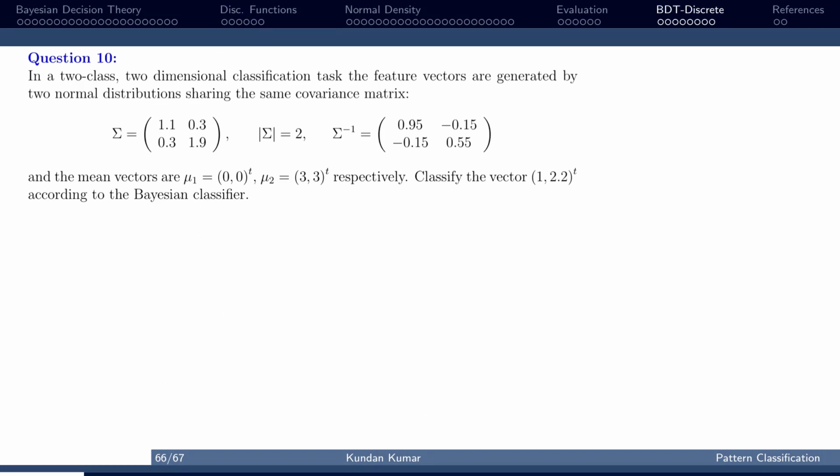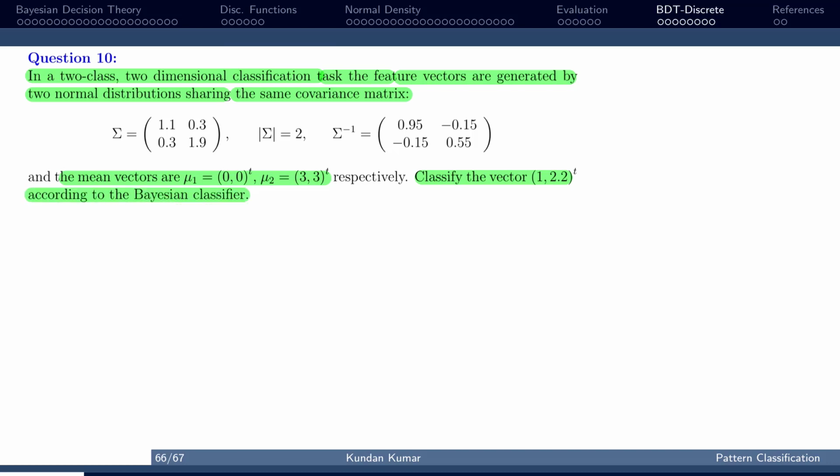Now let us solve the next problem. In a two-dimensional classification task, the feature vectors are generated by two normal distributions sharing the same covariance matrix, where the covariance matrix and the mean vectors mu1, mu2 are given. Then we need to classify a vector 1, 2.2 according to the Bayesian classifier.